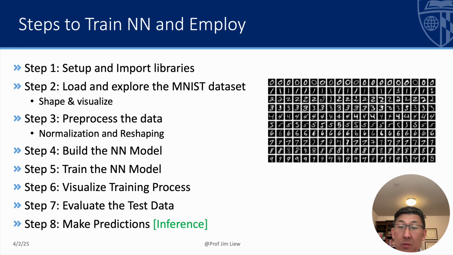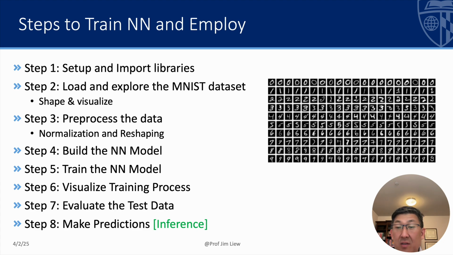So what we're going to do in Windsurf are these 8 steps. One, you're going to set up and import libraries. Two, we're going to load the data, the MNIST data. We're going to use TensorFlow with Python 3.11 because that makes it very easy to get the data out.